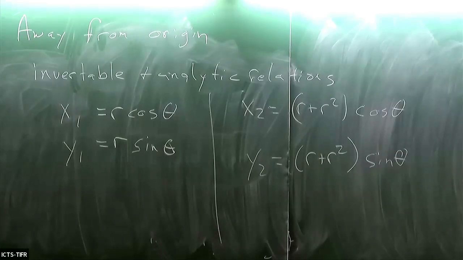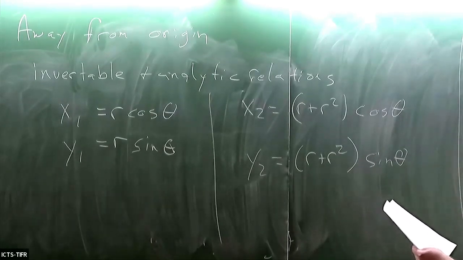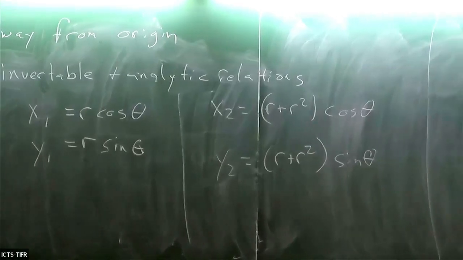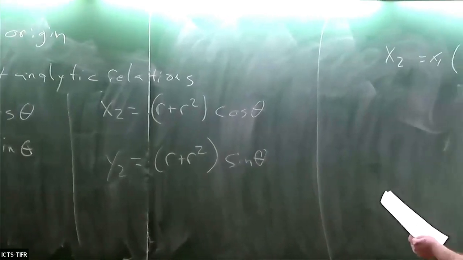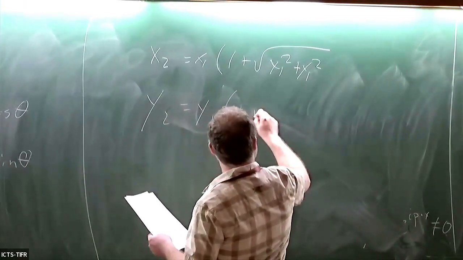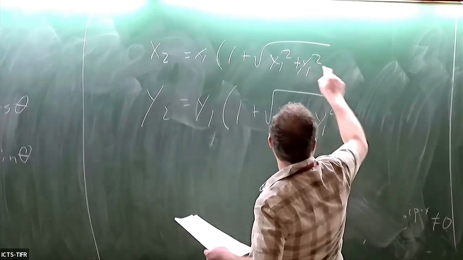So then we can just do the algebra, okay? We can map between these two sets of Cartesian coordinates. Okay, that's y.